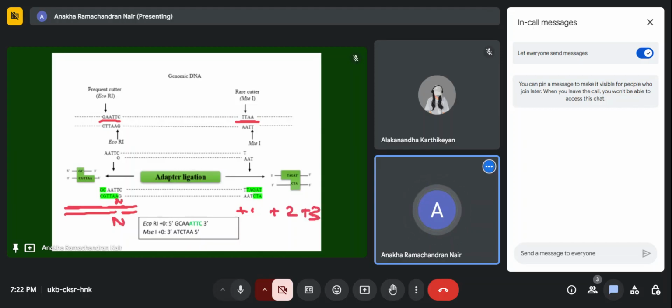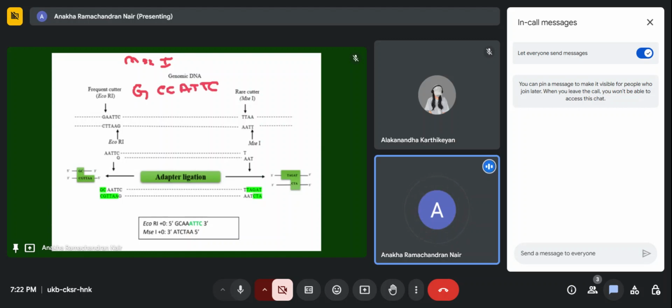So in this case, for example, let me just take MSE1, and imagine this is your pre-amplification primer, GCCATTCGTAA, right? And this is the change. If it is TTAA here, you changed one T to G, and using that you removed the restriction endonuclease site, right? So this is the step that you use in the pre-amplification, okay?